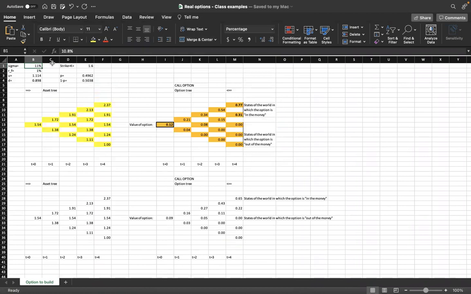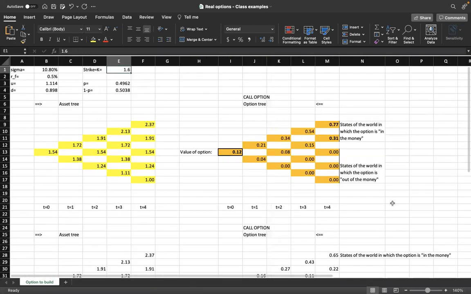Sigma is 10.8%, which is as given, and the risk-free rate is 0.5%. I'm using everything denominated in millions, so the strike price is 1.6 million. Maybe it's a little bit too small, let me increase the font.